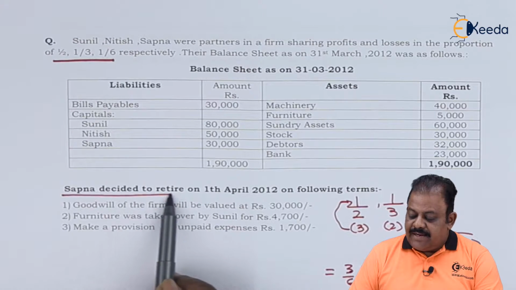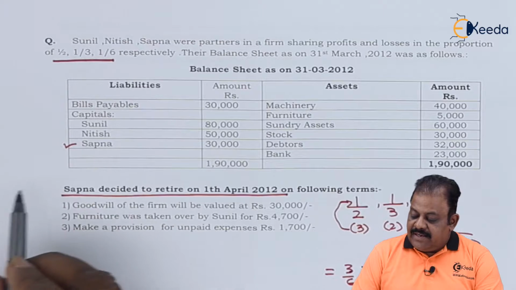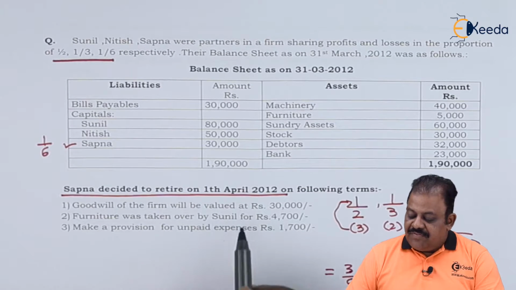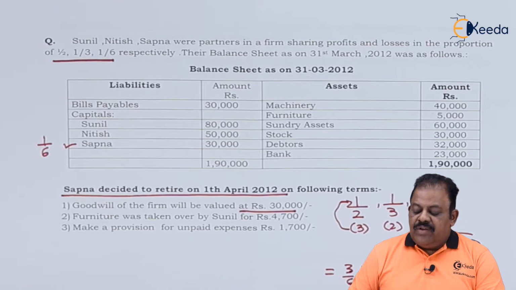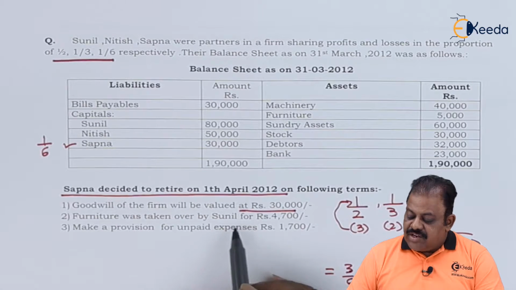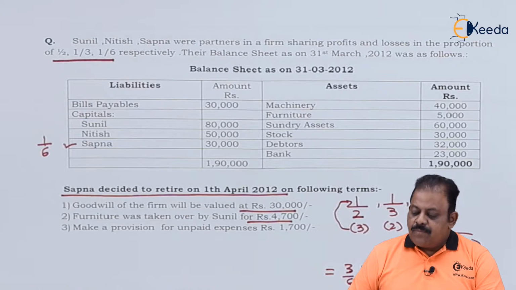Sapna decided to retire on 1st April 2012. So Sapna is retiring, her share is 1 by 6. Goodwill of the firm valued at rupees 30,000. So goodwill is raised at its full value. Furniture was taken over by Sunil for 4,700.